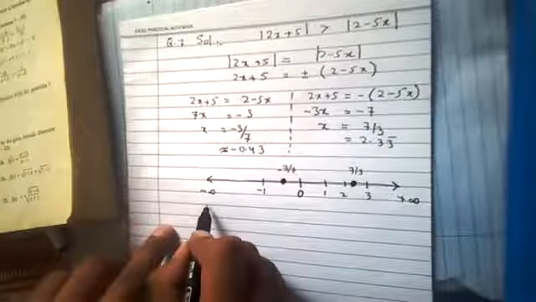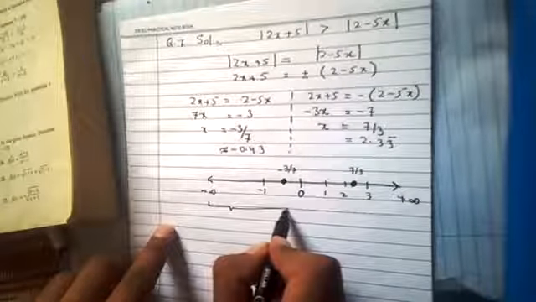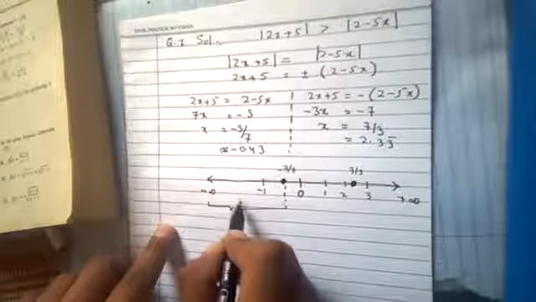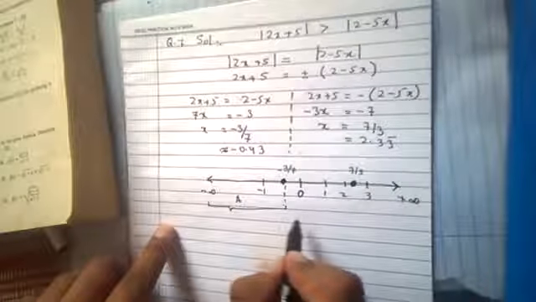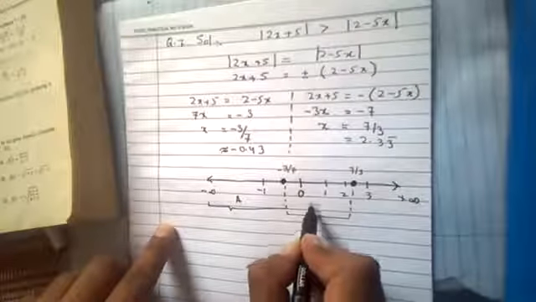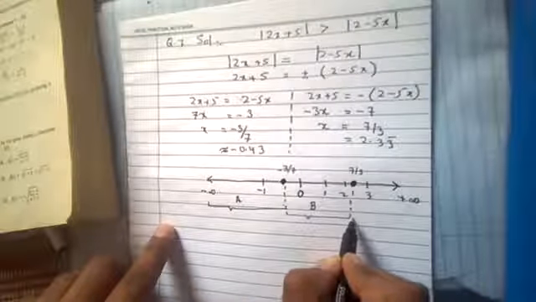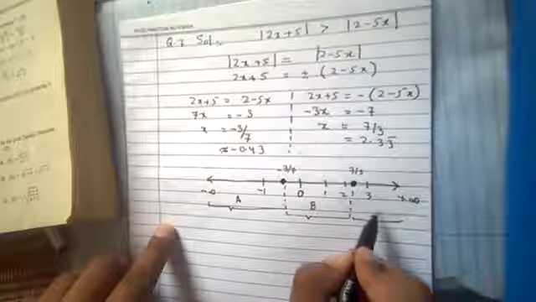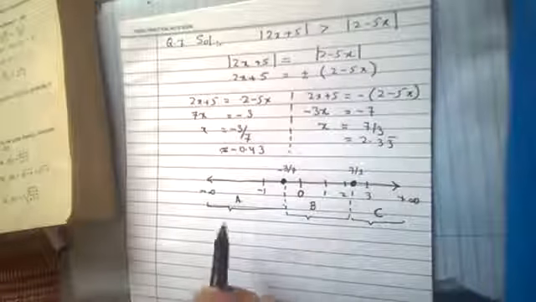We call these regions A, B and C respectively.